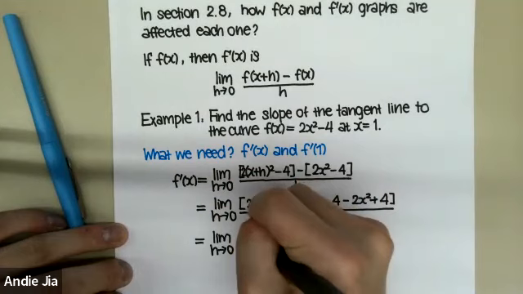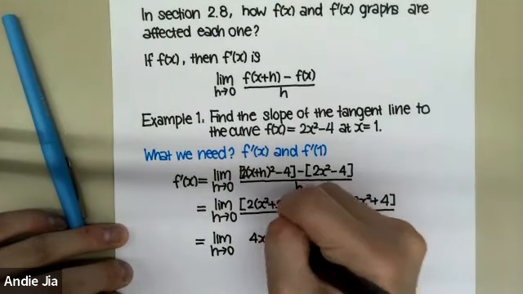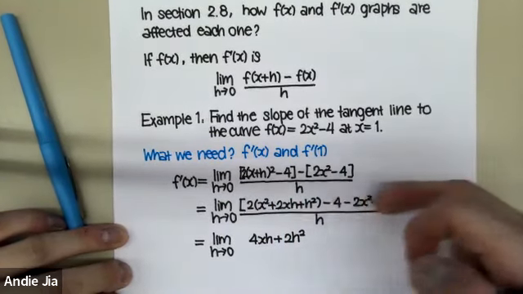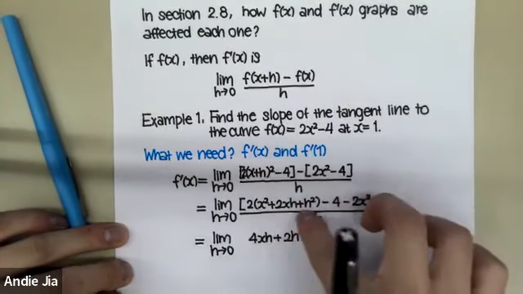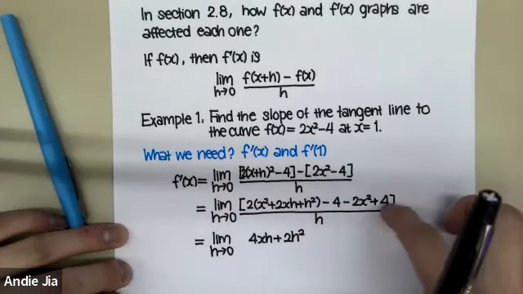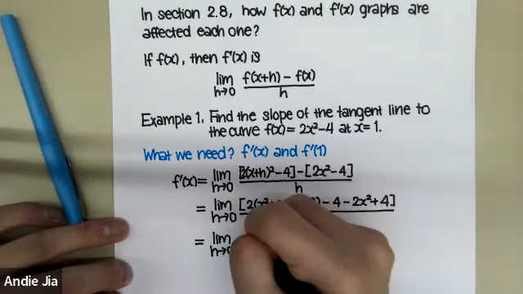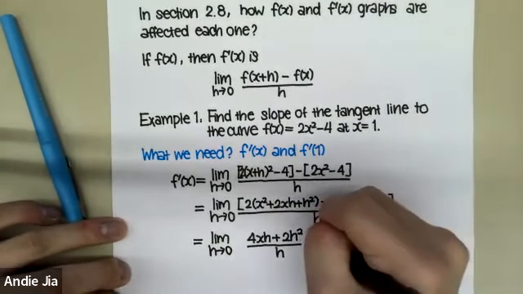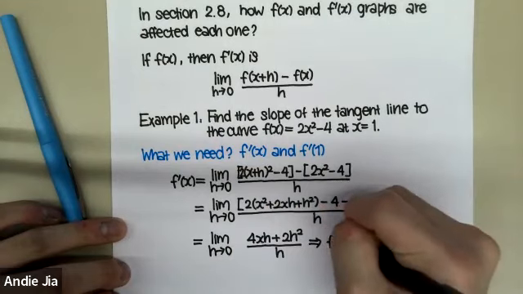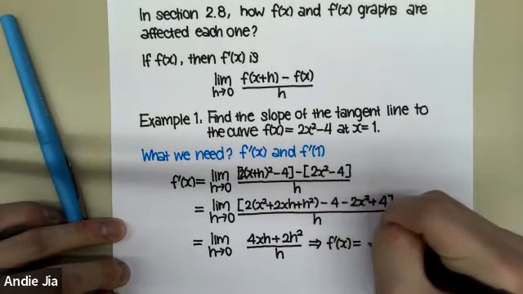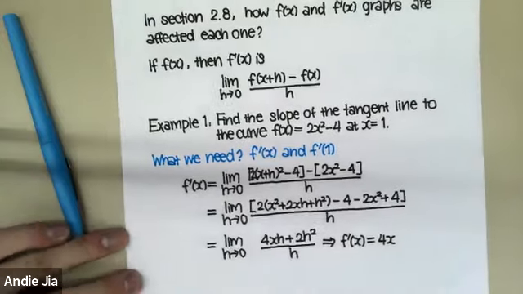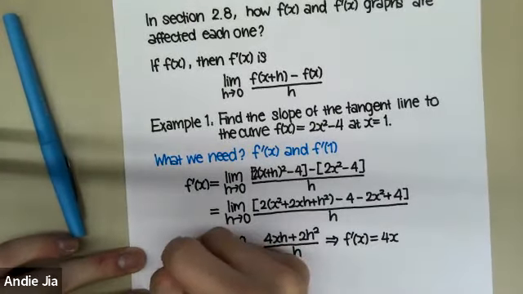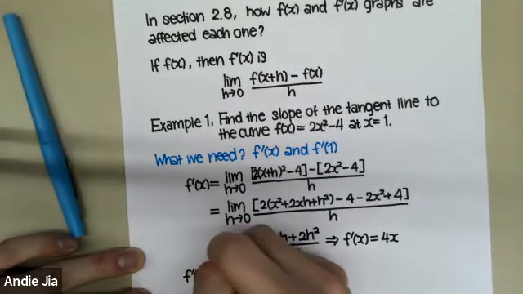So we just have 4xh plus 2h squared. Those terms cancel, and two terms are left. So f prime of x is 4x, and f prime of 1 is 4.